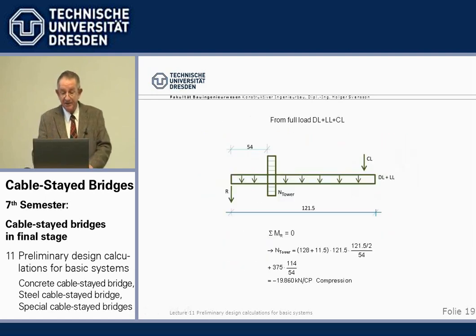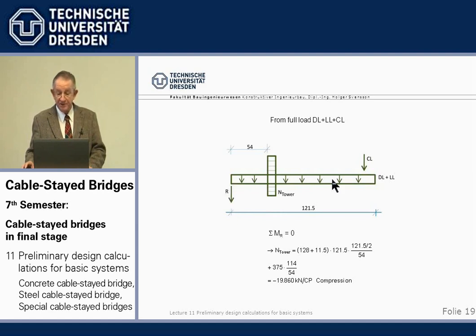And finally, we have the normal forces in the cables, the normal force in the beam, the maximum, and the normal force means in the tower. Well, we just load our statically determined system with the full dead and live load and form the moments around this support reaction equals 0.